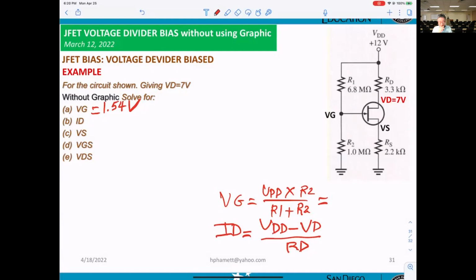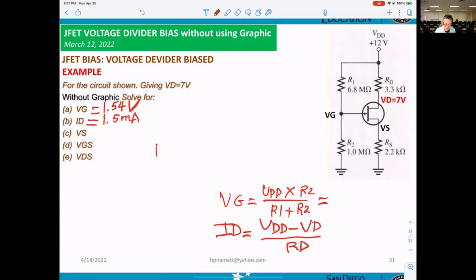What does ID equal? 1.5 milliamps. Okay, you get 1.5 milliamp. If you get a different answer, let me know. I got 11.99. Okay. Now, 9.8, what did you get? Okay, quite different.